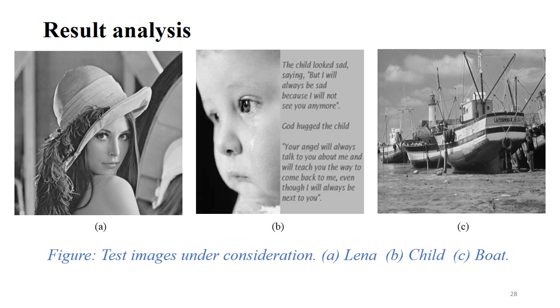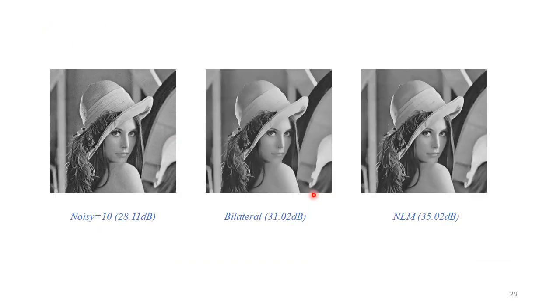Now these are some of the results. Three images are considered: the Lena image, the child image, as well as the boat image, because of their own specific characteristics. Here is the noisy representation that we considered. The noise level is 10, so minimum noise we considered. Then a few methods are included over here: the bilateral filter and non-local means.